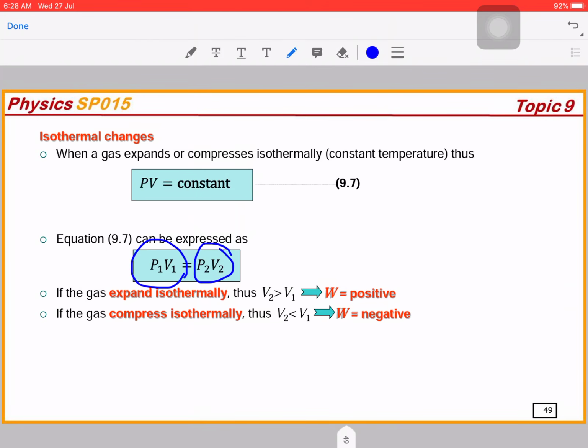If the gas compresses isothermally, V2 is smaller than V1. Okay, so when it expands, W is positive. If it is compressed, W is negative. So you have to memorize this one. Okay, remember, expand W positive, compress W negative.